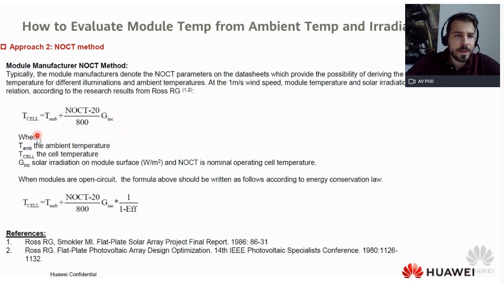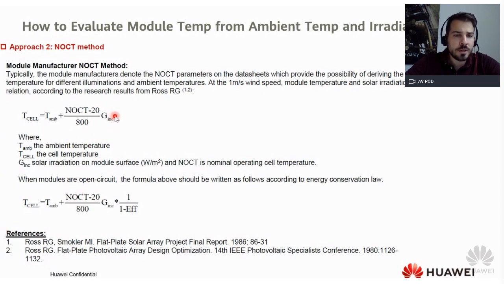The cell temperature will be the result: we have the ambient temperature, and we have this NOCT, which is the operating cell temperature, minus 20, divided by 800. So it seems like an empirical equation, not a theoretical calculation.